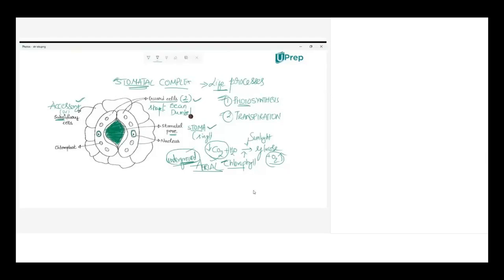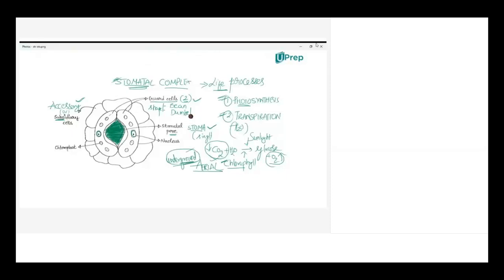In the options, you may not find one of the parts of the stomatal complex. Something like find the odd one out will be the question. They will not mention from where you have to find the odd one out. You just say find the odd one out.